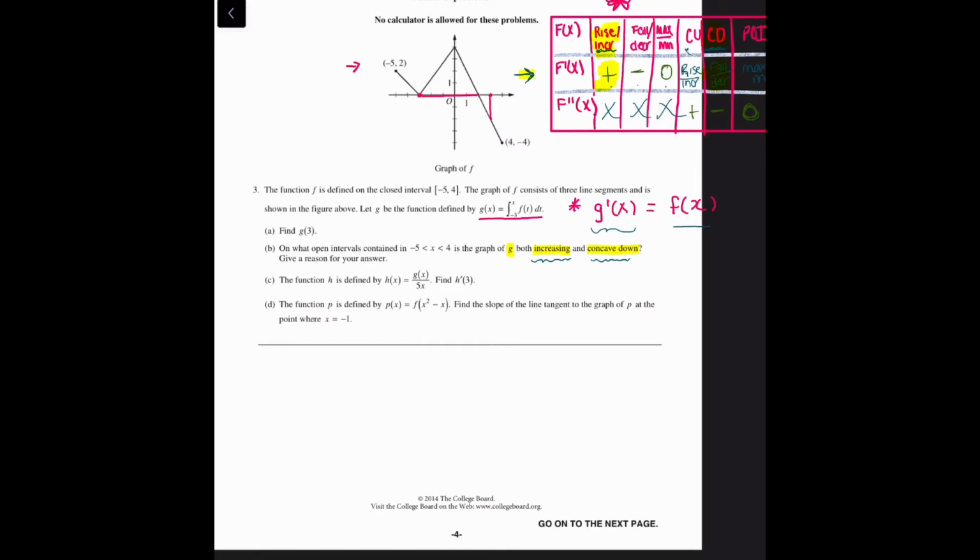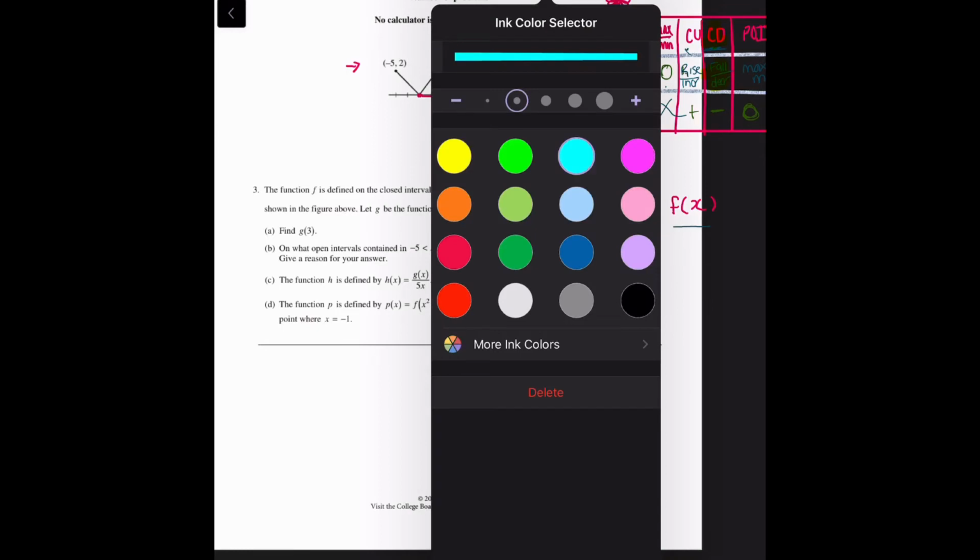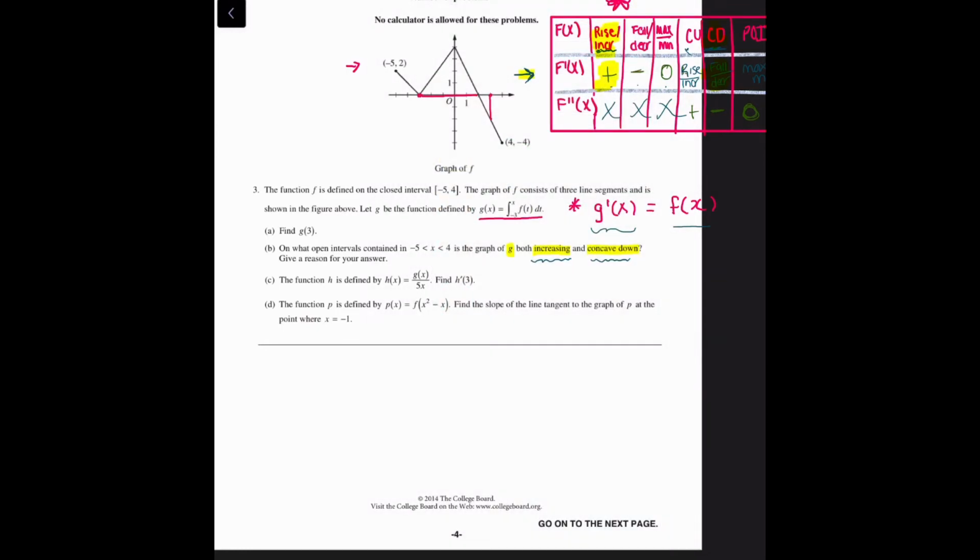So now looking at the graph, we are positive and decreasing right over here, and we are positive and decreasing again from 0 to 2. So when I write this out, I'm going to need a reason and where. So a point for the reason and a point for where.